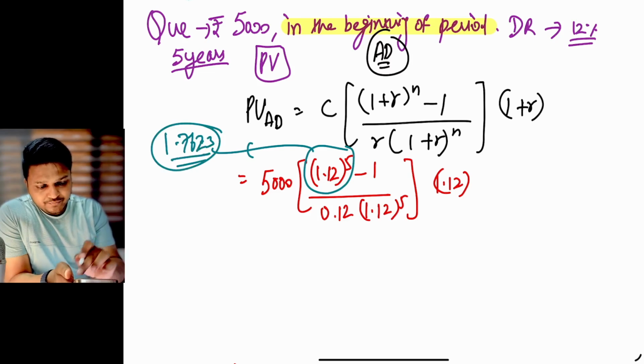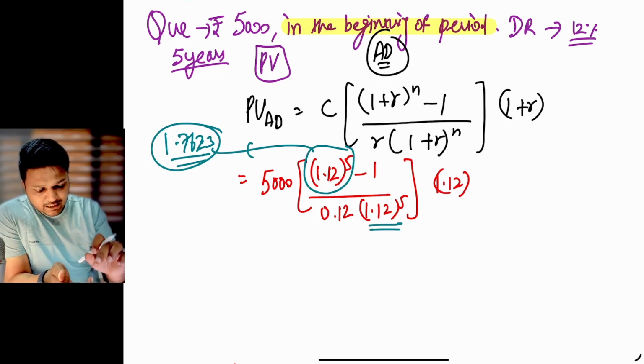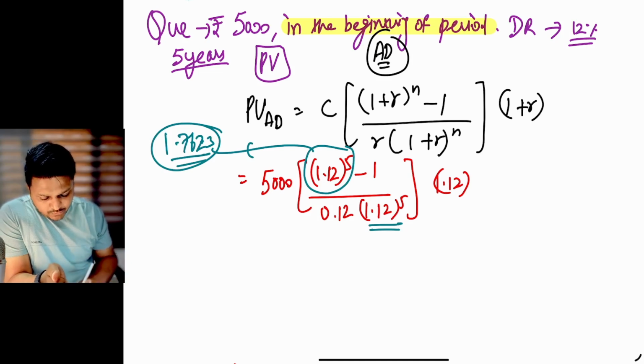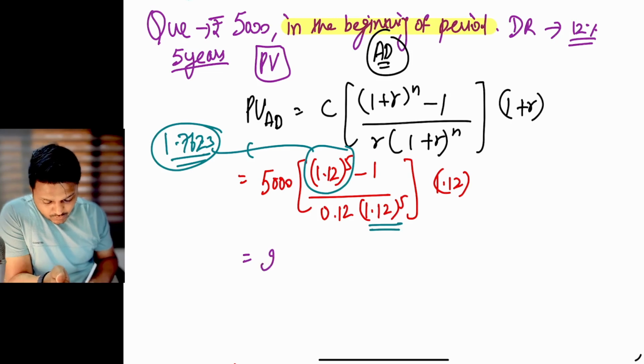So minus 1 and further divided by 0.12 and further divided by 1.7623 again, because this is the same term in the denominator also. So the whole term came out to be 3.60, multiplied by 1.12 and further multiplied by 5000. So the present value came out to be 20,187.